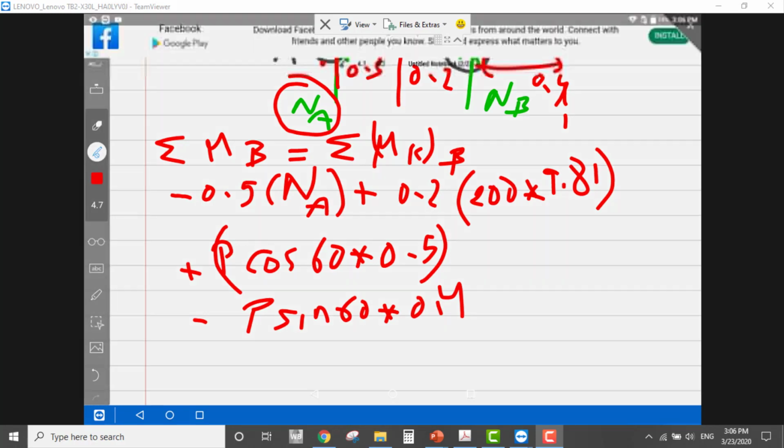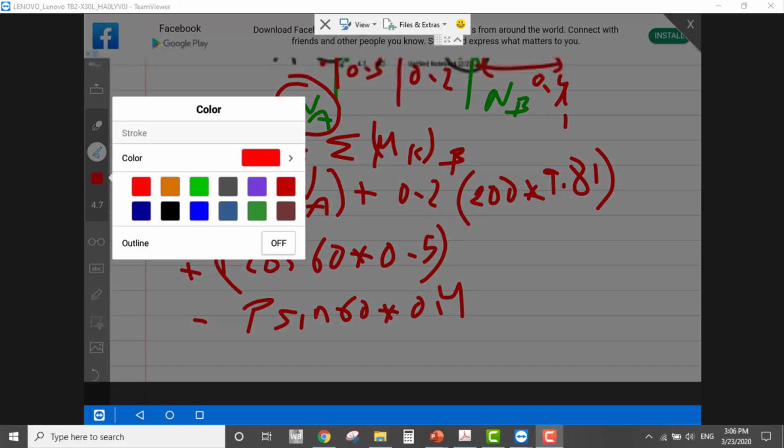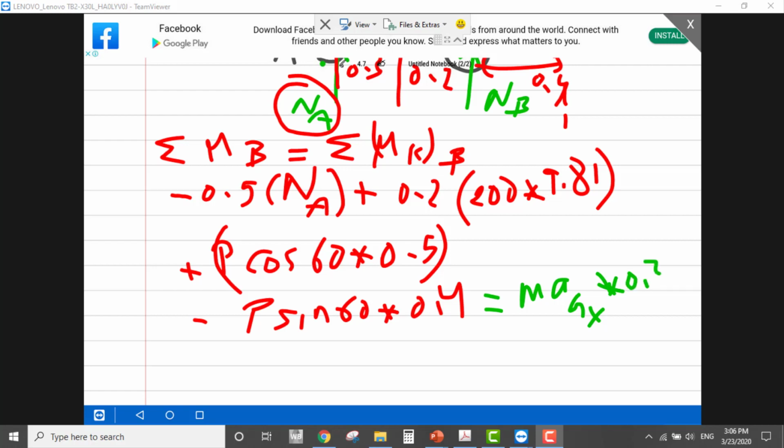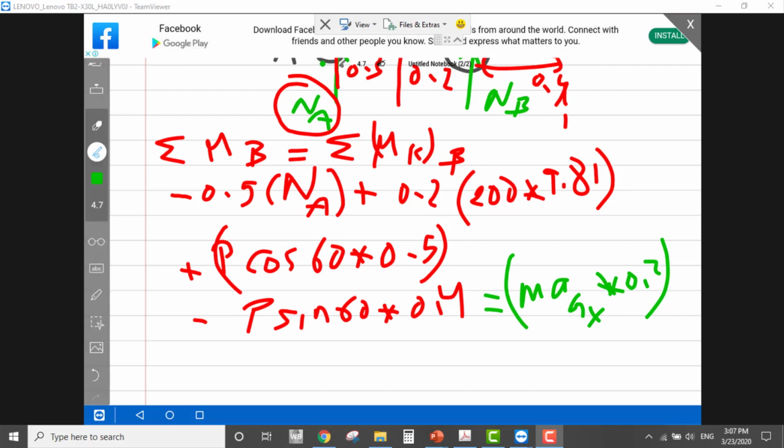Now let me move to the other side of this equation, which is the kinetic. Since we have only one kinetic, which is m a_G in the x direction, multiplied by the perpendicular distance, which is 0.2, this force will do a moment counterclockwise, then it is positive.